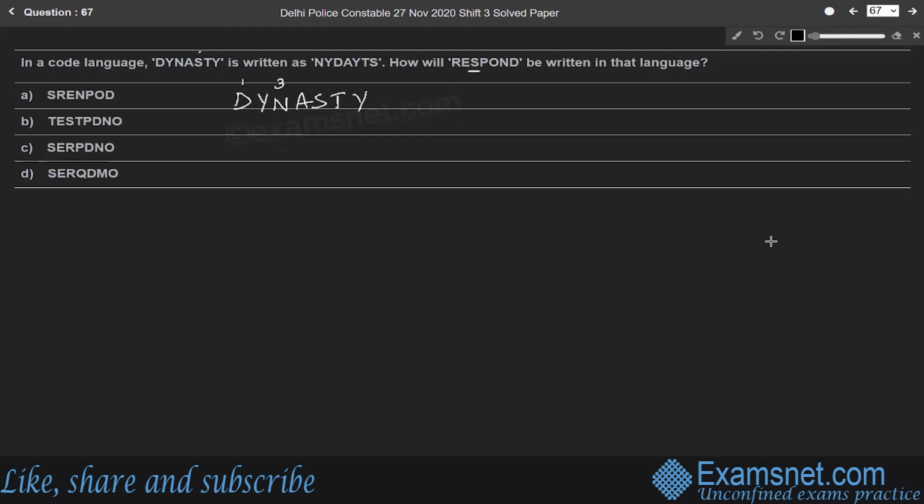That is, in place of D, N is written, Y is as it is, in place of N, D is written. So positions of the first and third alphabets are interchanged, whereas positions of the fifth and seventh alphabets are also interchanged. Here in place of S, Y is written, and T will be as it is, in place of Y, S is written. So in the same manner, respond.